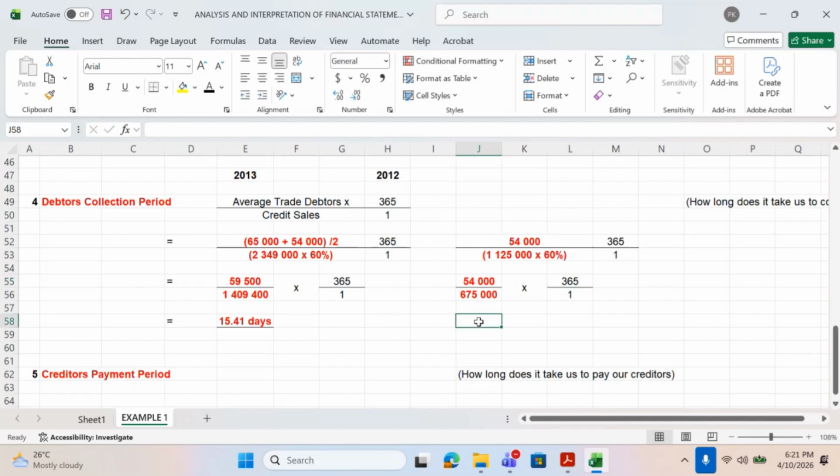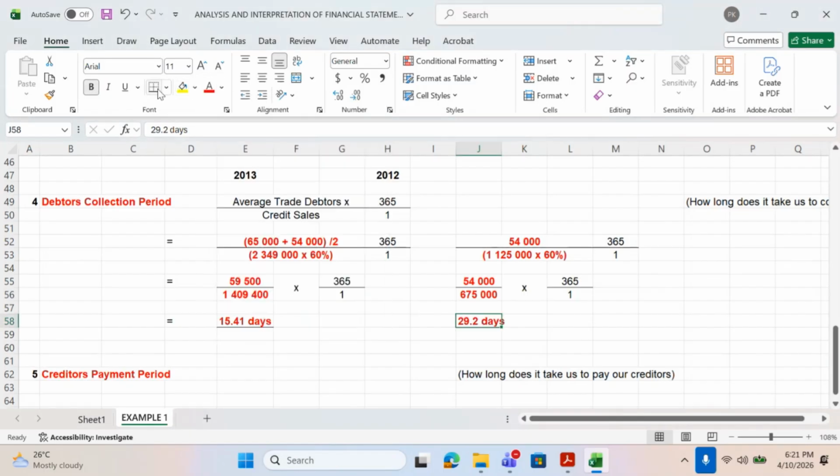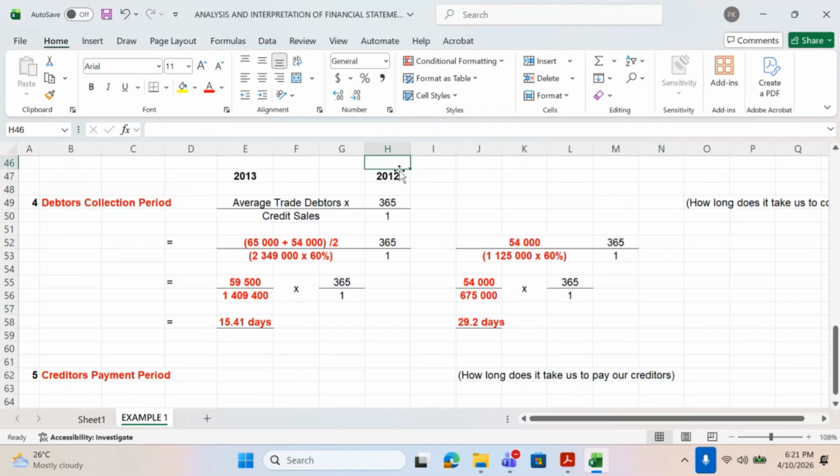Okay, thank you. 29.2 days. This is our average debtors collection period for 2013 and 2012.